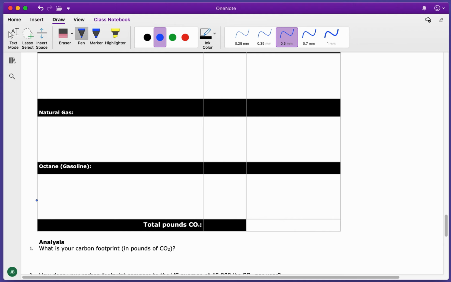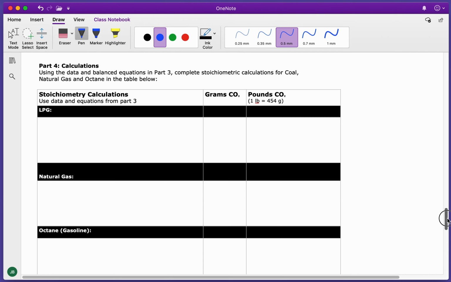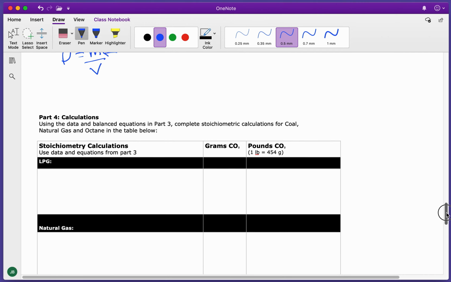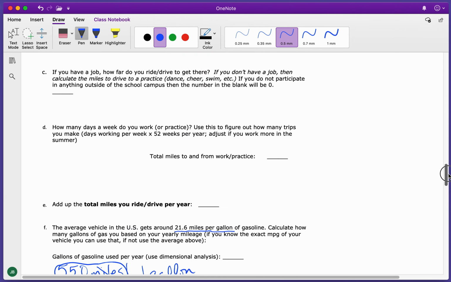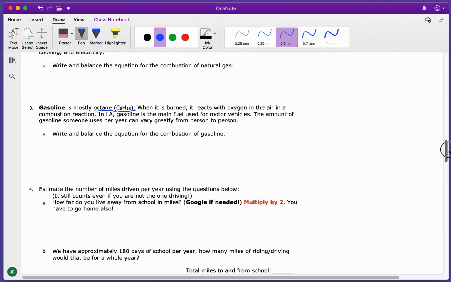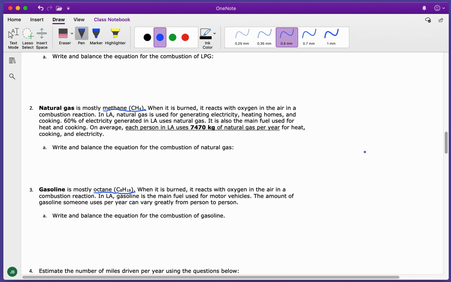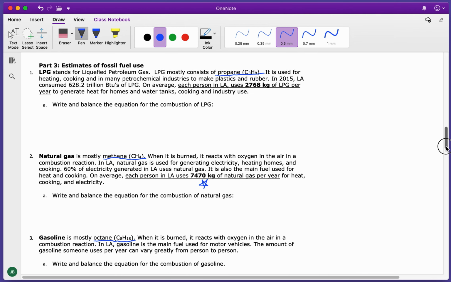So all that solving that you did for the gasoline part will be used right here to do stoichiometry. Now, the stoichiometry problems for LPG and natural gas are going to come from part 3 way up at the top. So if you keep scrolling, natural gas, there's your number right there for the stoichiometry part.